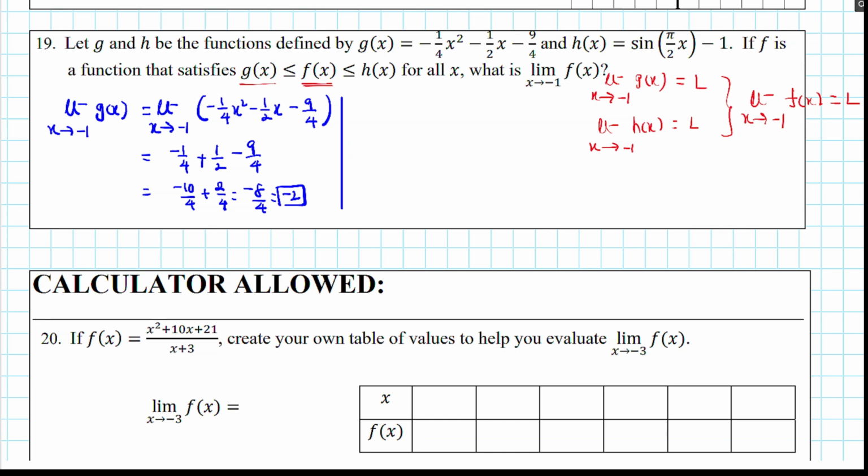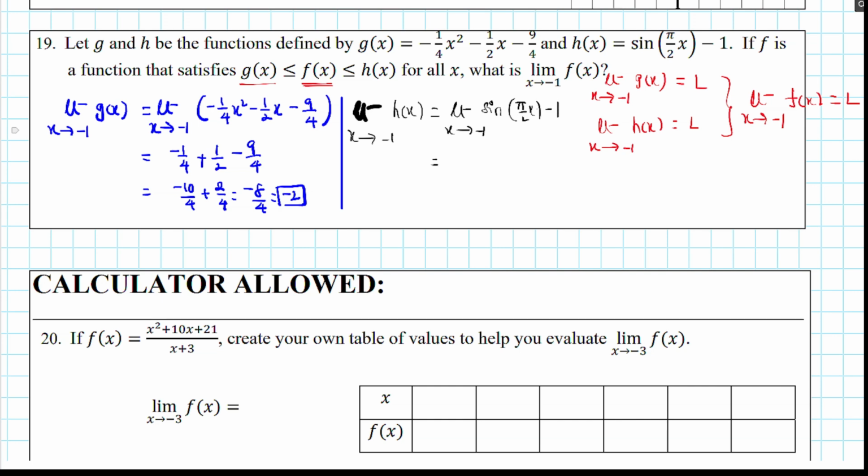Now let's evaluate the second limit, the limit as x approaches negative 1 of h of x. So h of x equals sine of (pi over 2 x) minus 1.